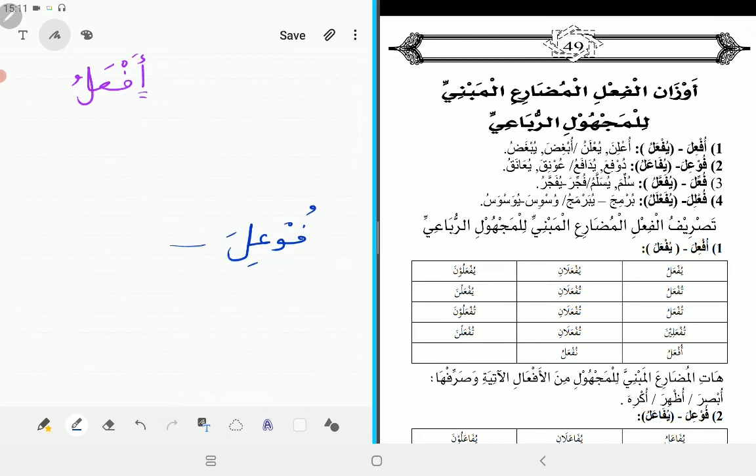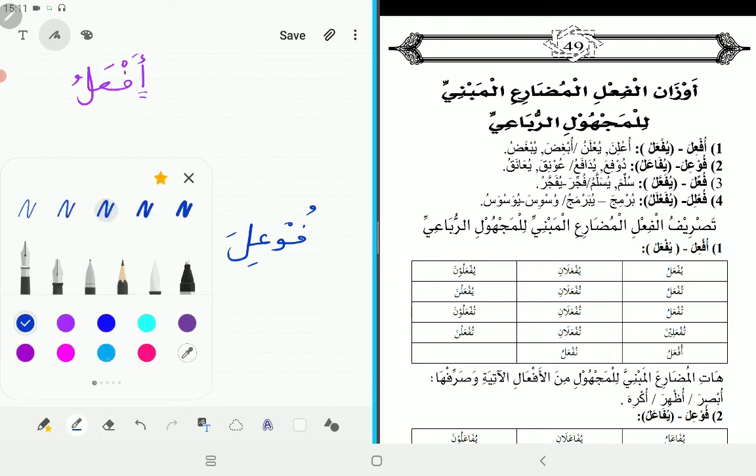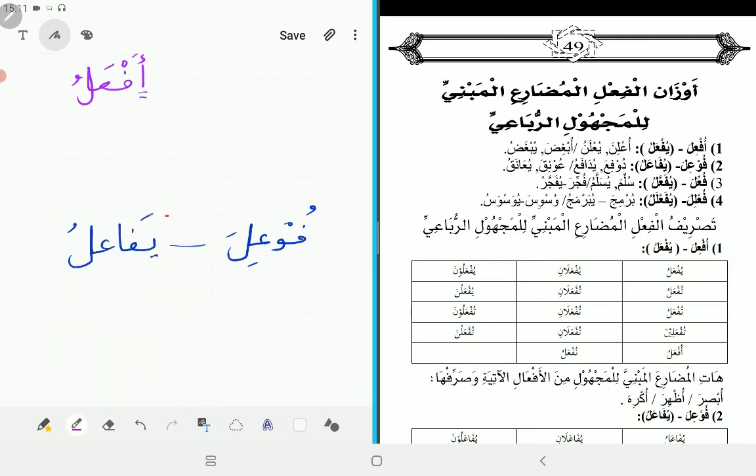In the mudari, it will become يُفَاعَلُ. يُفَاعَلُ. Why? Because the principle has taught us حرف المضارع takes the dhamma, letter before last takes a fatha. And apply that generally to all of that which we've taken.